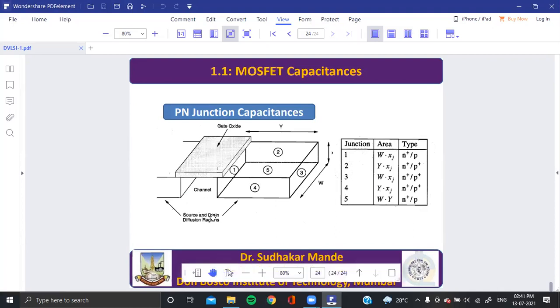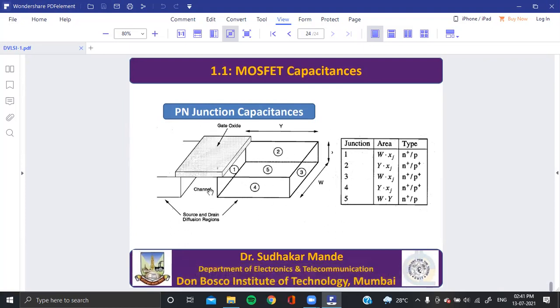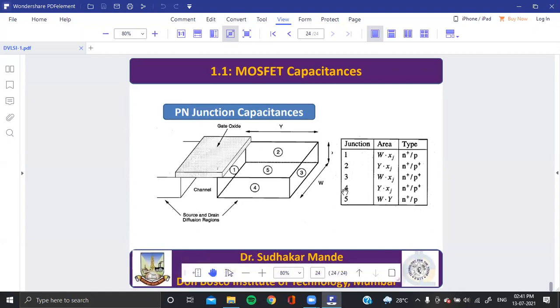This is the channel. The channel is P type and the source is N type, so there is a junction between the N region and the channel on this side, one. On the back side, this is another junction. This is the third junction, fourth junction, fifth junction. So there are a total of 5 junctions associated with the drain, and 5 junctions associated with the source. NP, NP, NP. These are the junctions.